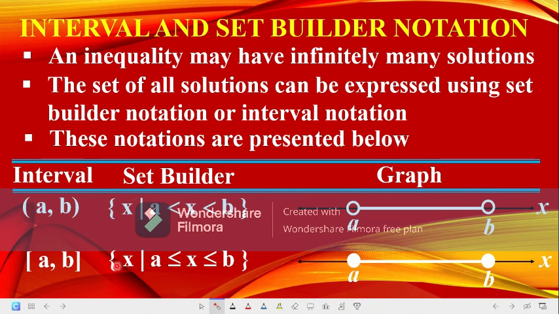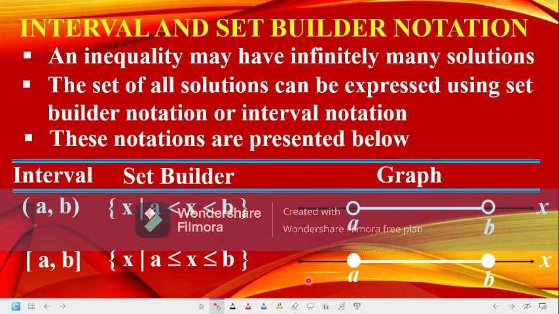For set builder notation, this is expressed as the set of all x's such that x is greater than or equal to a and less than or equal to b. Okay, you have noticed that there is an equal to symbol in x is greater than or equal to a, because a here is already included in the set. b is also included in the set.